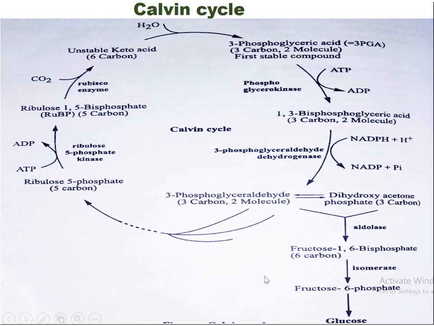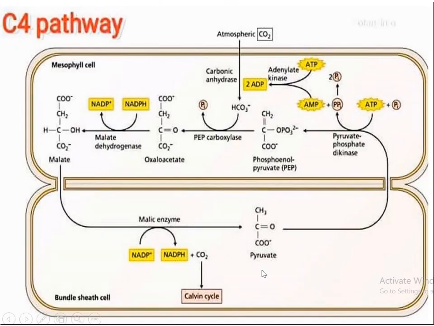Now let's talk about the C4 pathway, or the Hatch-Slack pathway. In some plants, the first stable product after the fixation of carbon dioxide is a 4-carbon dicarboxylic acid called oxaloacetic acid, or oxaloacetate.